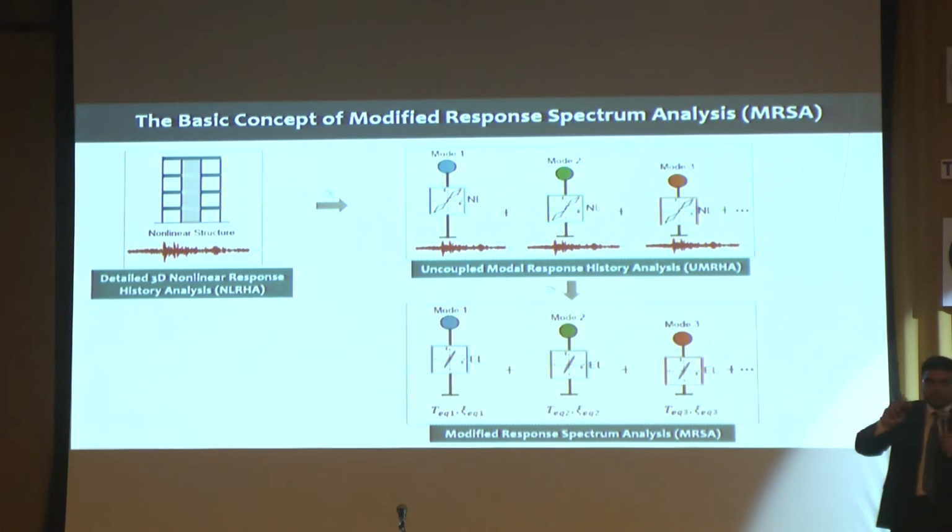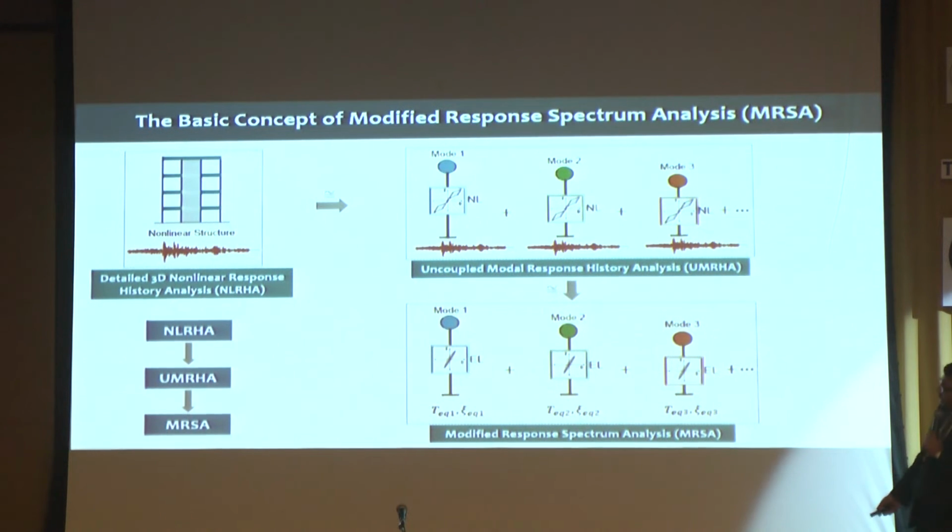We understand this is a two-fold assumption. This itself is an approximation, and then this conversion is also an approximation. So it's a double assumption, but still we have tested this idea, and it is shown to work well for real case study buildings. I will show you the results in the next few slides.